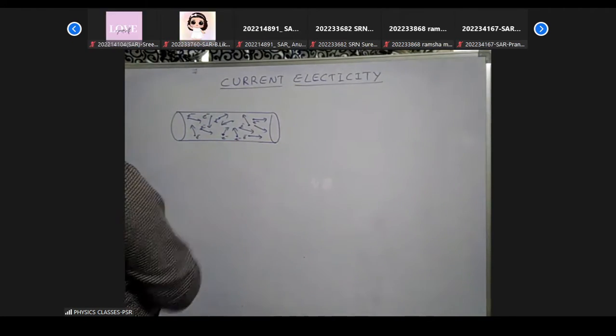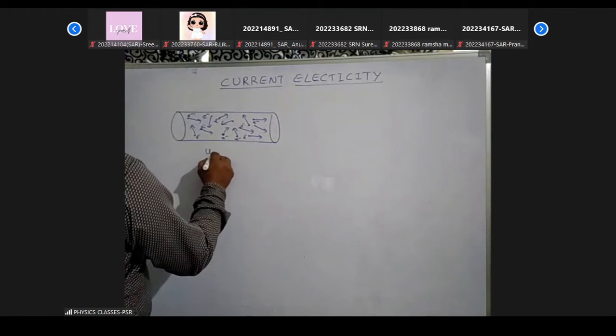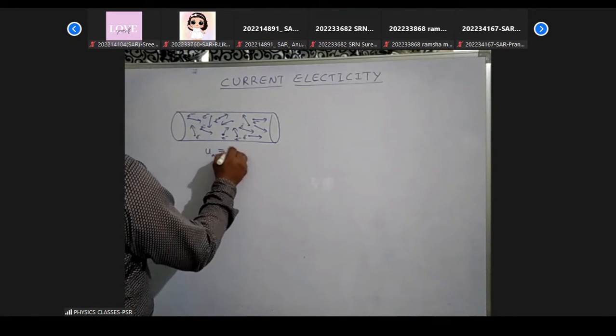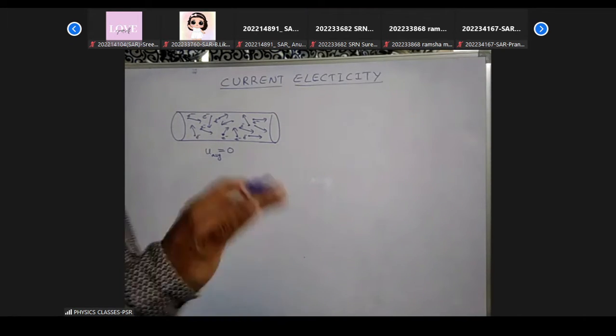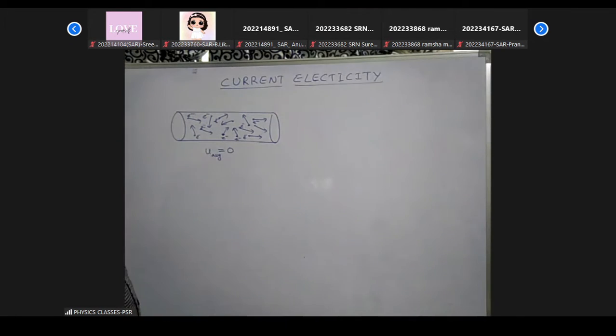Electrons are moving randomly in all directions, so that their resultant average velocity is equal to 0. So they are at rest only. There is no current passing through the conductor.